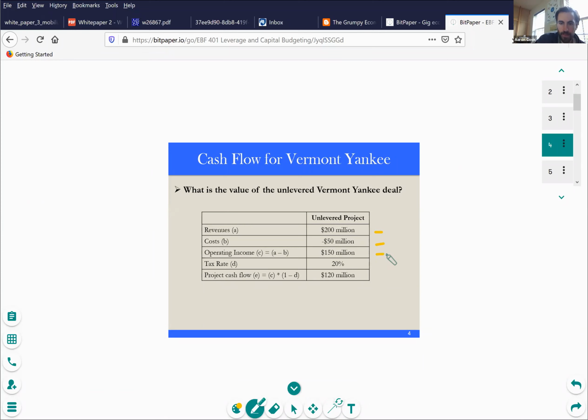So we have operating income of $150 million per year. There's some taxes assessed on that. So 20% of that $150 million has to be paid in taxes. And so the overall cash flow of the project after taxes is going to be $120 million. So that's what the take-home money per year of this asset is going to be for the firm that purchased this power plant. $120 million per year.